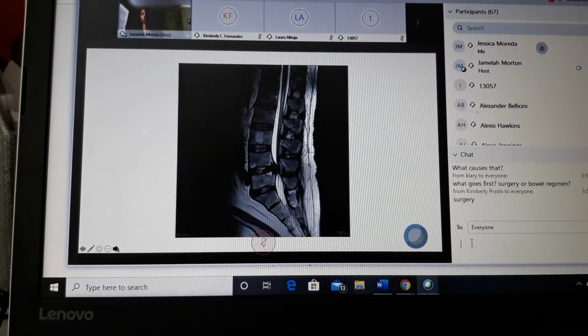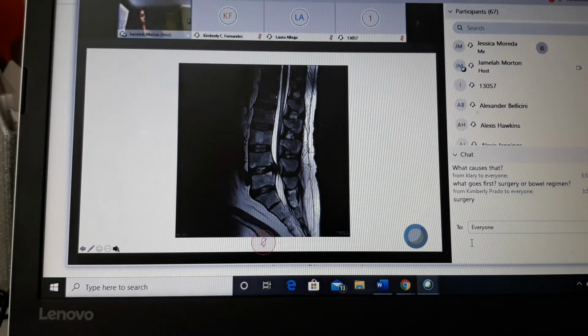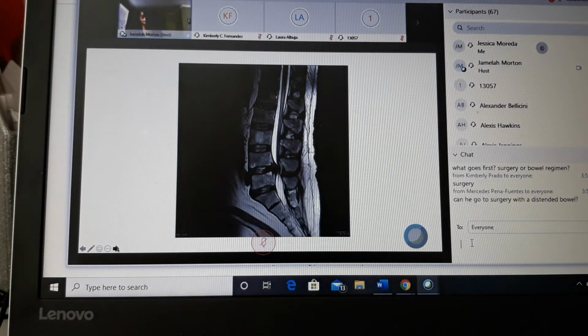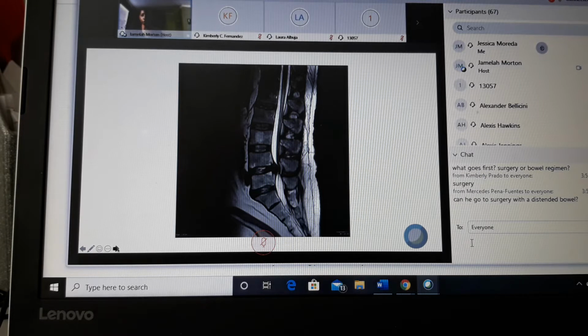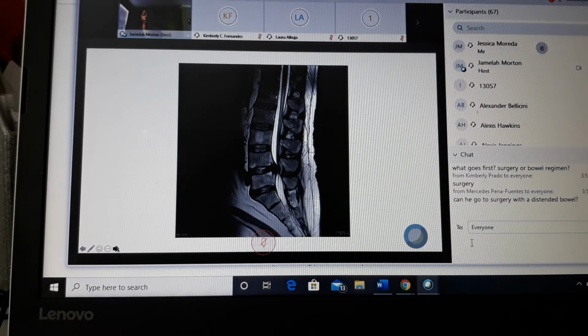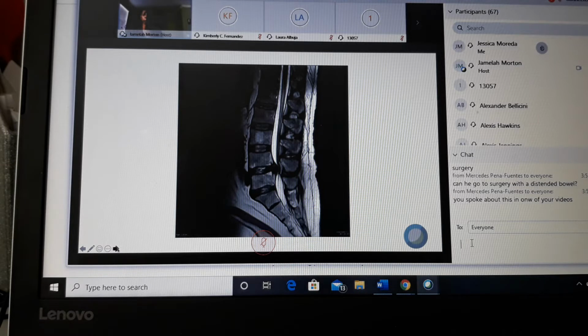This patient was an actual situation that actually occurred. I saw this patient in the hospital. It's an actual real scenario. He actually was seen at another facility. They had bowel evacuation because he went in with severe constipation. His bowels looked like that. They evacuated his bowels, put him on a laxative regimen.